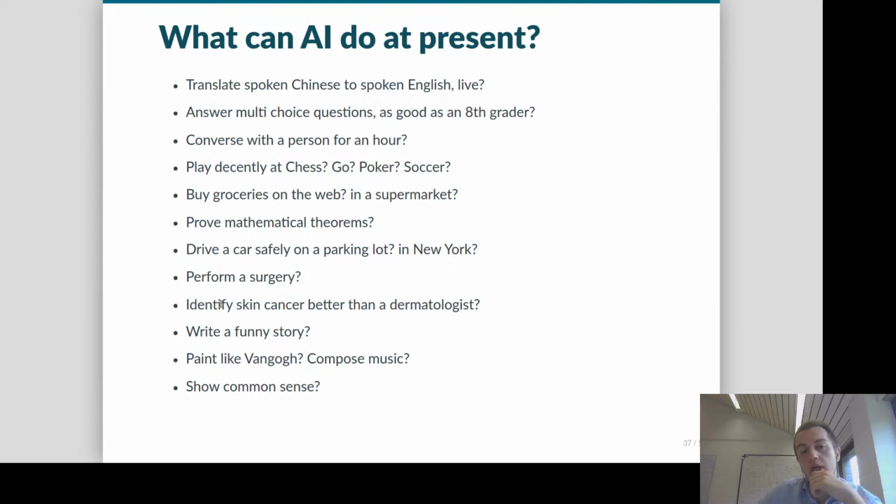Do you think now an AI is able to answer multiple choice questions as well as an 8th grader, like a child from primary school?